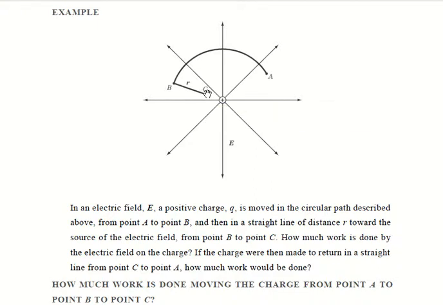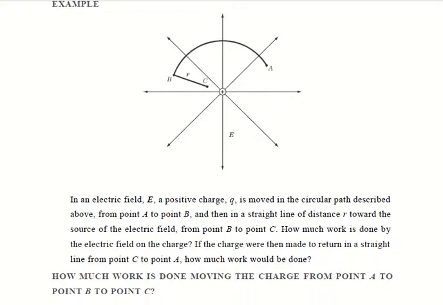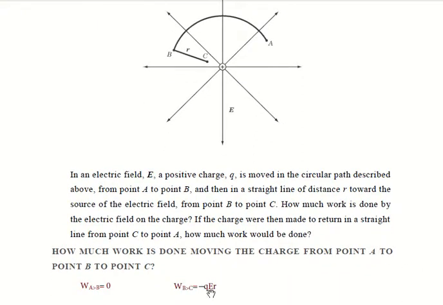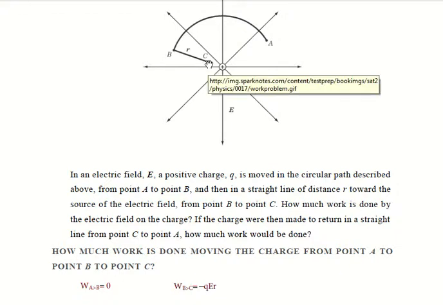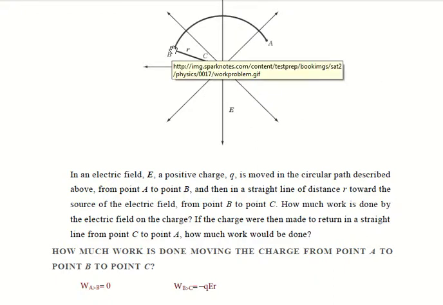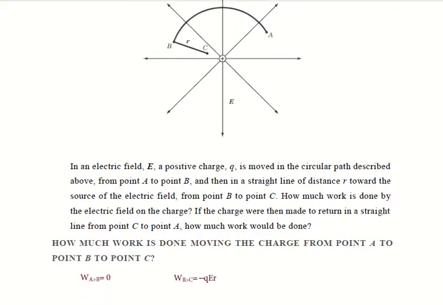But you have to remember that we said from A to B that electric field did no work. So that means whatever the potential is at A, it would have to be the same as the potential at B. So if from B to C, we said that the work done is negative QER, well then going from C to A would essentially be the same as going from C to B. So we're just doing the opposite work.